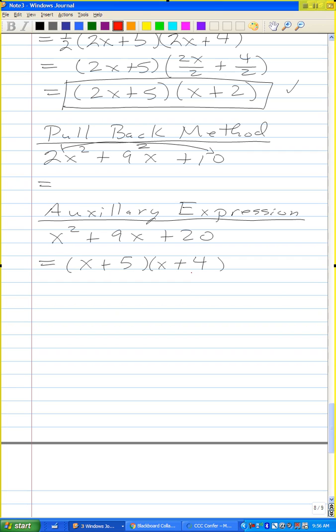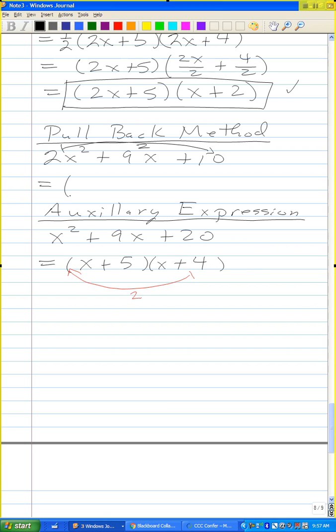So now notice that I can divide 4 by 2. I can't divide the 5, so I'm going to try to divide these by factors of 2. Well, the only one I can divide by is the 4. So if I do that, I'm going to pull this back.